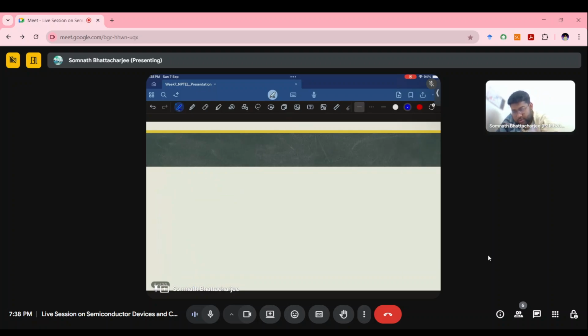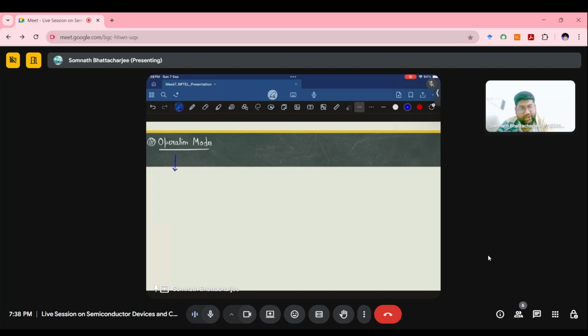Now we'll move on to the different operating modes, or the different operation modes. These modes can be characterized by several things.